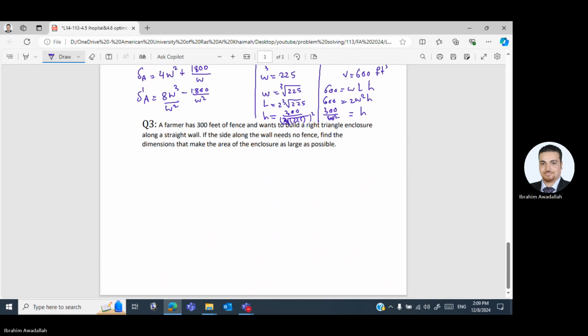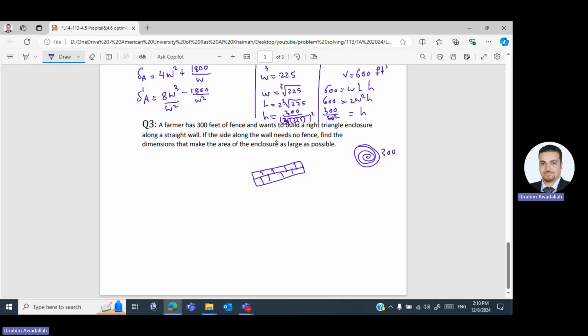Okay, a farmer has 300 feet of fence, so he has a fence, let's say something like that, 300 feet, and wants to build a right triangle enclosure along a straight wall. We have a wall here, something like this, and you want to make a right triangle.